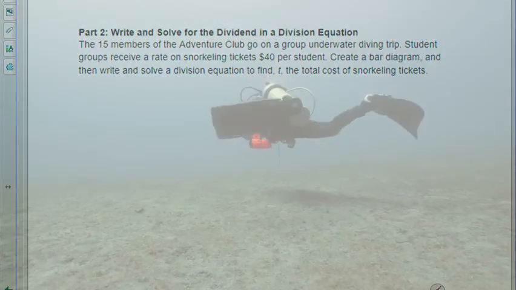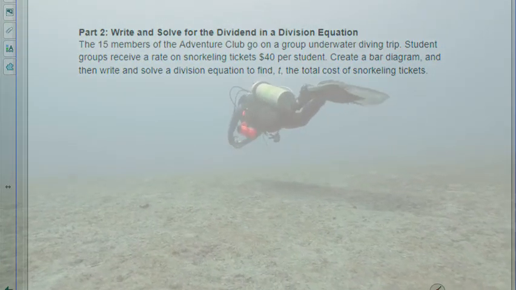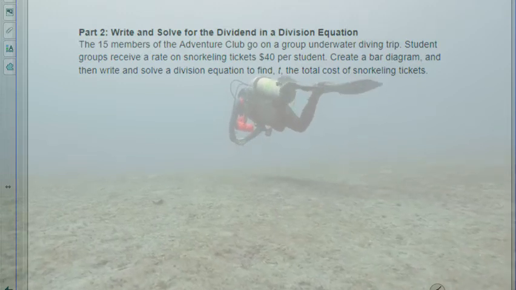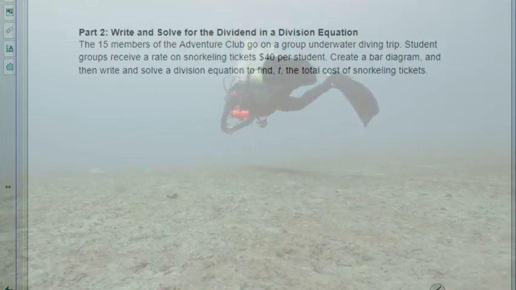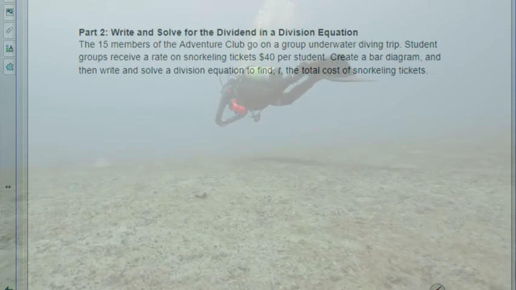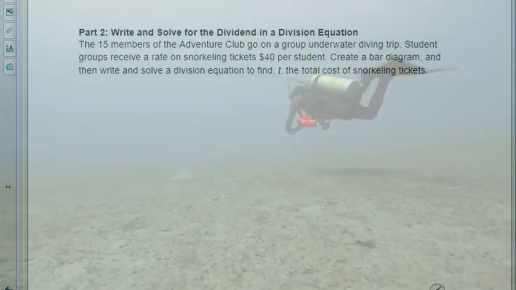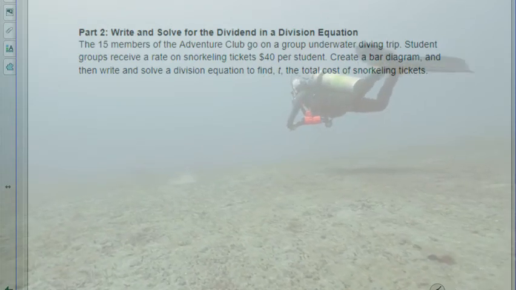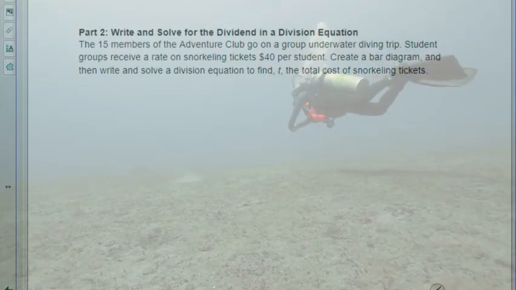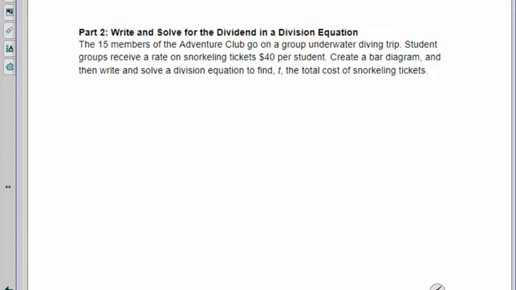All right, now we're going to solve for a dividend in a division equation. We have a 15-member adventure club, and they go on a group underwater diving trip. Awesome. Student groups receive a rate on snorkeling of $40 per student. I want a bar diagram, and then I want to write and solve a division equation to find t, the total cost of the snorkeling tickets.